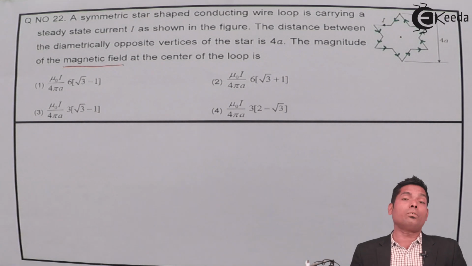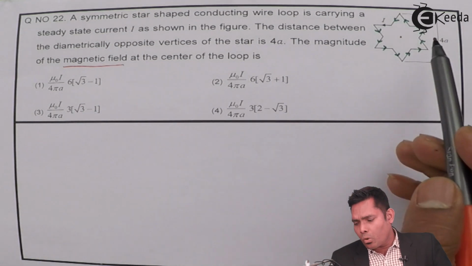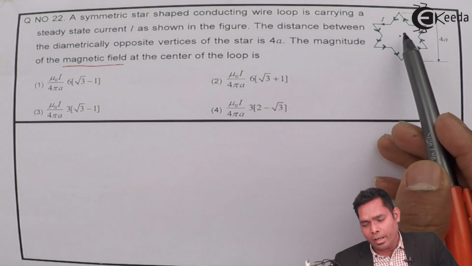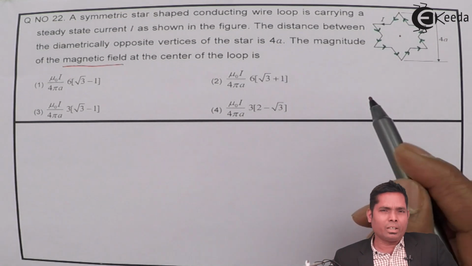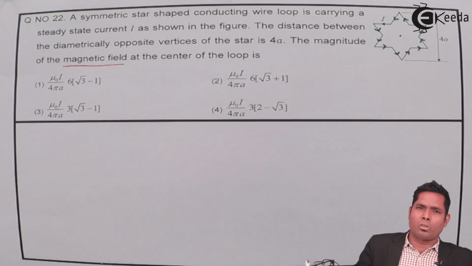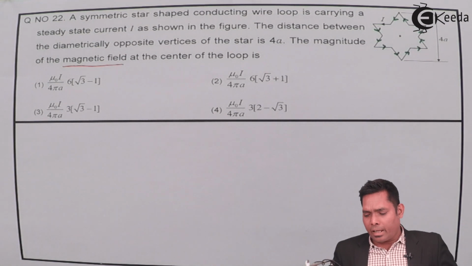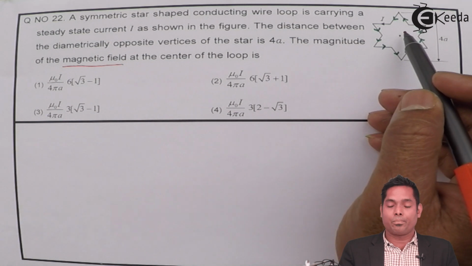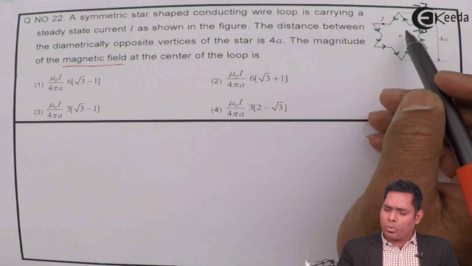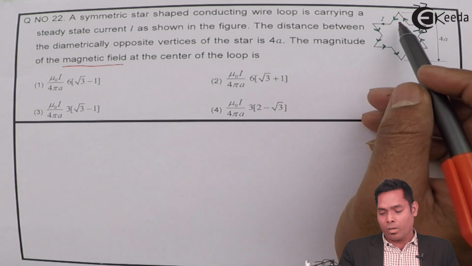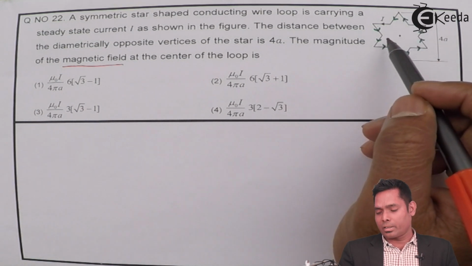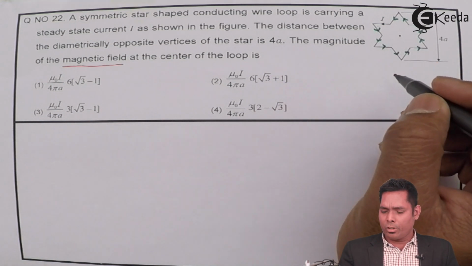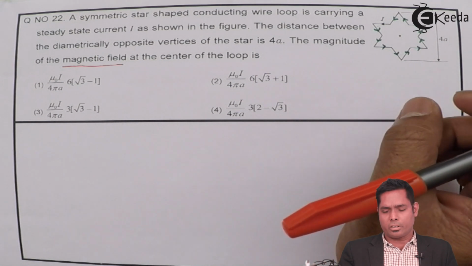So the contribution of magnetic field due to all those conductors will be in this direction only, and they will add up. Whether their magnitude is the same or not, we will check, but their contributions will obviously add because the direction is the same. So we will consider any one conductor out of these 12 and find the magnetic field contribution due to each of these conductors.